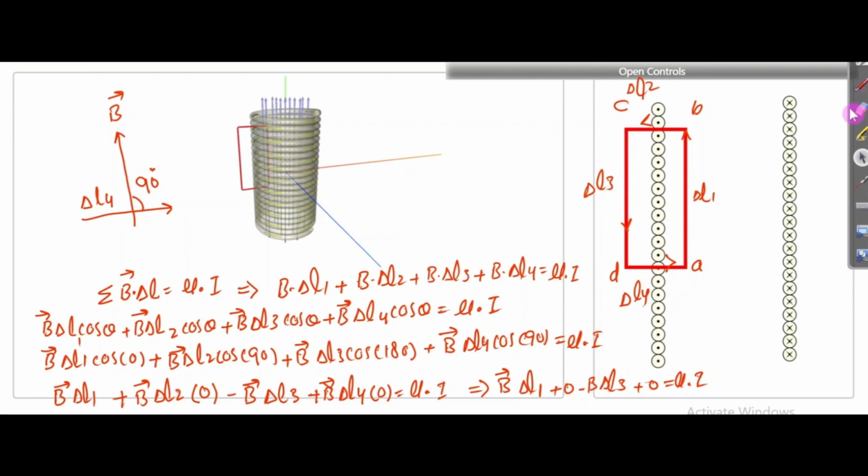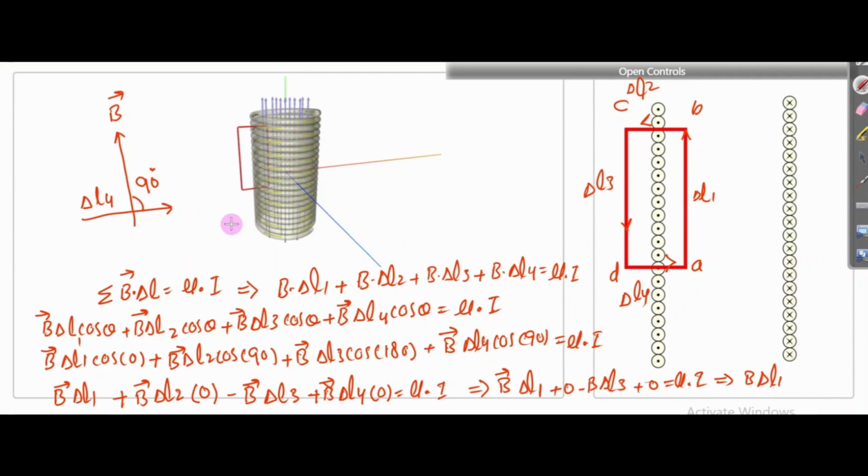So we have B del L1 plus 0 minus 0, because for the ideal solenoid the magnetic field outside of the solenoid will be 0.